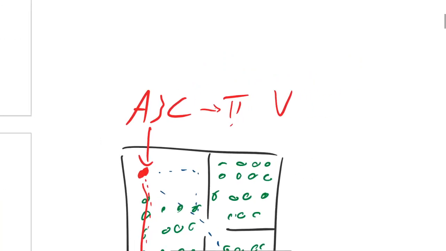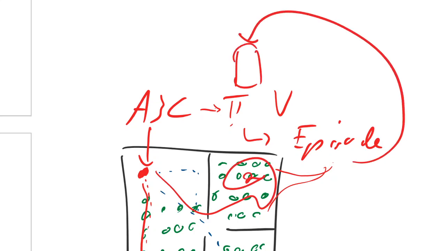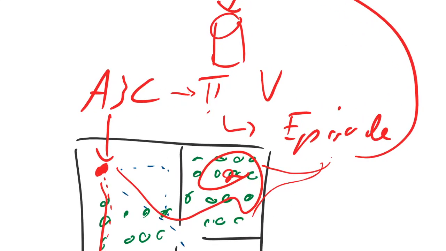So you use this to run an episode, and then you observe how many green things you found in that episode, right? If your episode goes here, and then you put that back into your buffer to learn from. But at that point, you've already collected the green things, right? So the reward signal is actually a bit off, because you want to train your agent that it should seek out novel things.